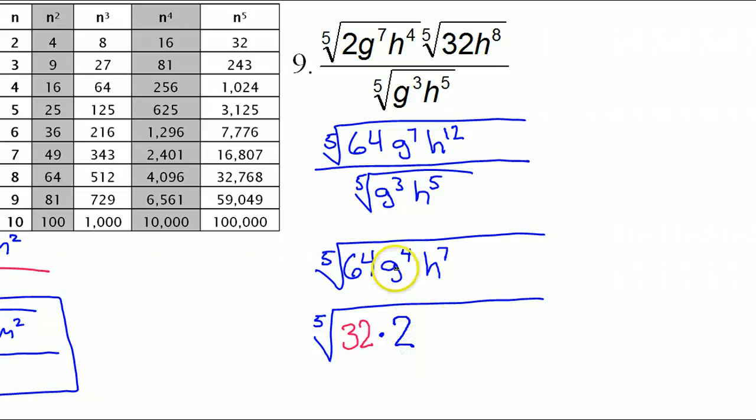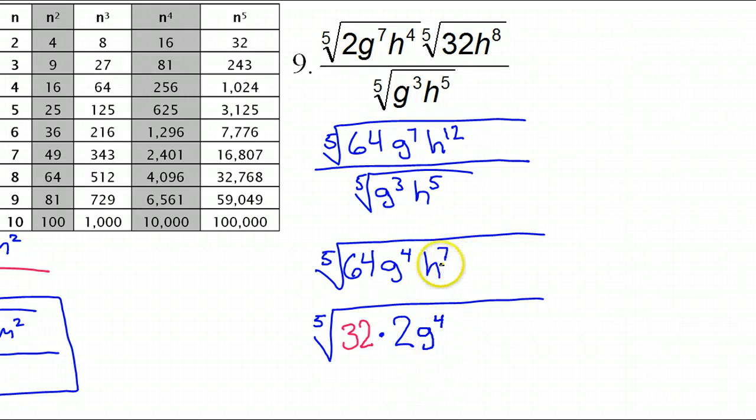which is not reducible. Now, g to the fourth power, I really would like this to be divisible by 5. It is not. But I can't be any lower than 4. So I'm stuck with this g to the fourth power, so I'll just put it down the way it is.